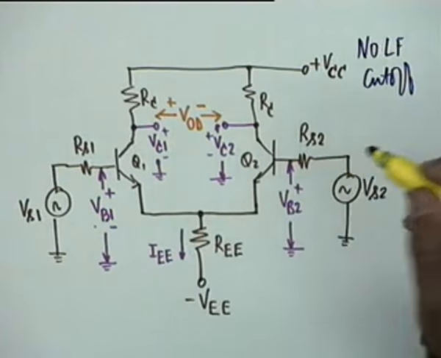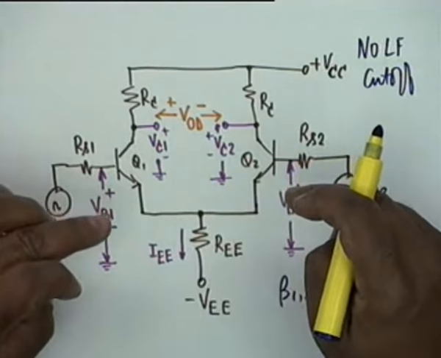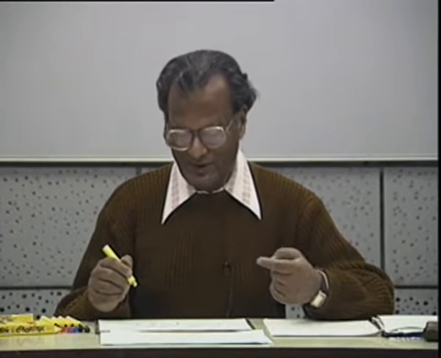And I've already said Q1 and Q2 are identical. In the analysis, we assume that beta 1, 2 are much greater than 1 for both the transistors. In an integrated circuit, making two identical transistors is absolutely no problem. In fact, you make thousands in the same chip, identical transistors. Identical does not mean that betas shall be equal. Beta can have a spread, but nevertheless, if one of them has a beta of 150, the other cannot have a beta of 10.